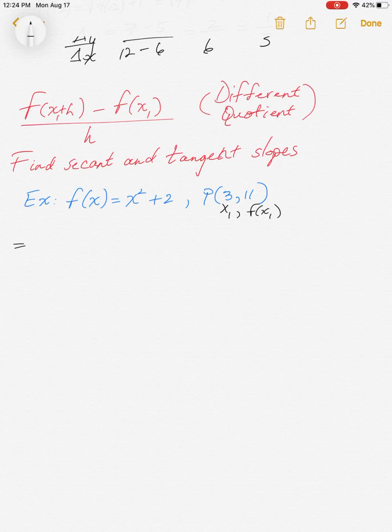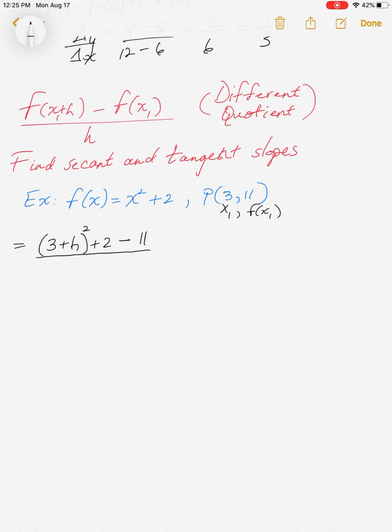We have (3 plus h) squared plus 2. All we did was take x1 plus h and plug it into the original function. Then we say minus f of x1, which is the 11 that was given.